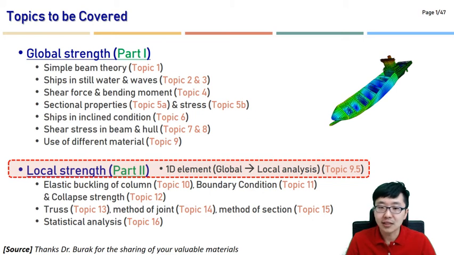10 to 12 that are related to the column buckling strengths and column collapse, and topics 13 to 15, we will discuss the truss methods, and general truss will be introduced in topic 13, and how we're going to handle these truss methods by using the joint as well as the section method will be covered in topics 14 and 15, and lastly we will introduce the statistical analysis.